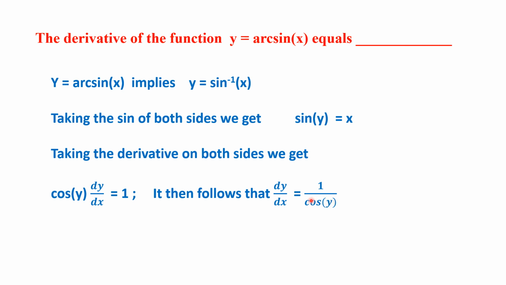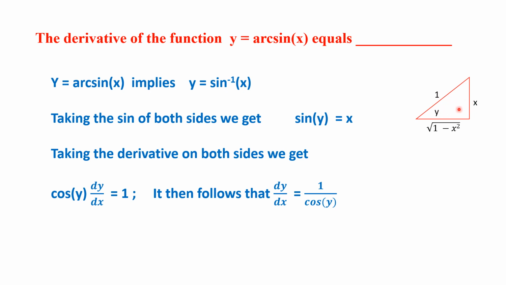We don't have any way of finding cosine y, so we have to get back to where we started, which is sine y equal to x, and we have to represent this using a triangle. So here is a triangle, this is the angle y. We can see that the sine of this angle is equal to the opposite divided by the hypotenuse, but the opposite divided by the hypotenuse will give us x.